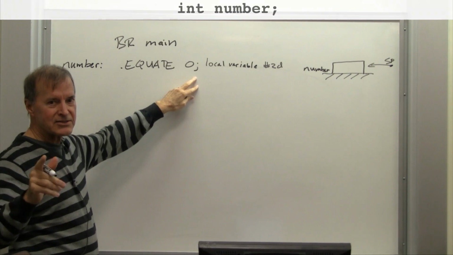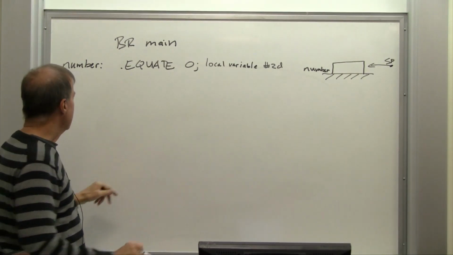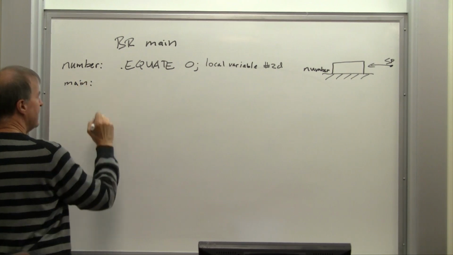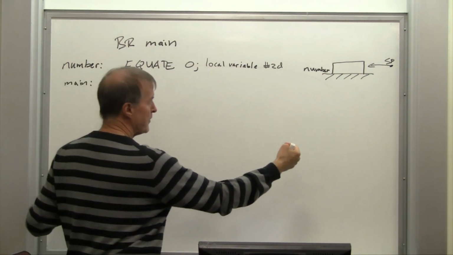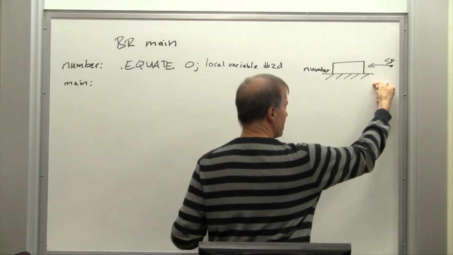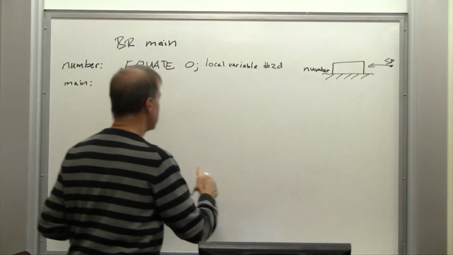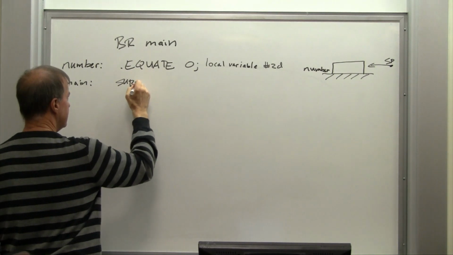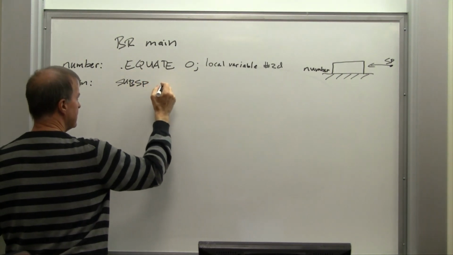All right, now next. We are in main, that is correct. Yes, and remember, we have to get the stack pointer from here up to here. So this is going to be sub SP. How much?